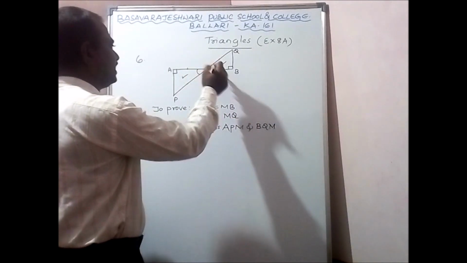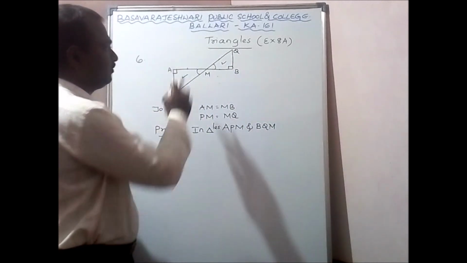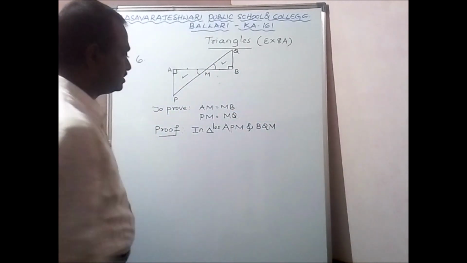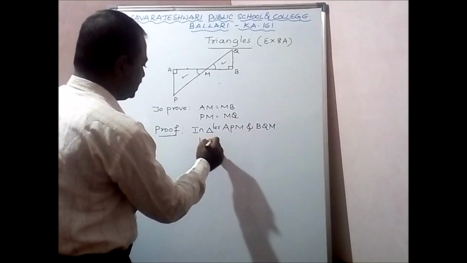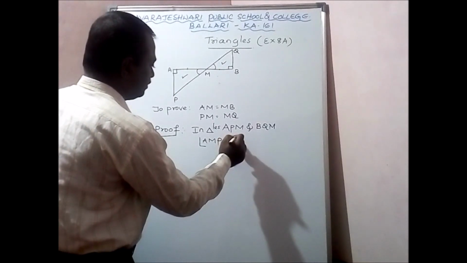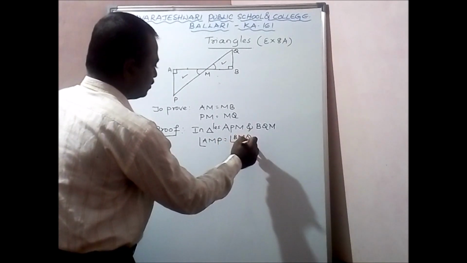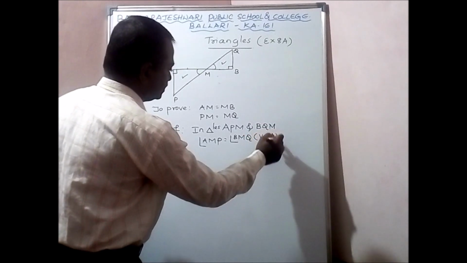M is the intersecting point of AB and PQ. Therefore, vertically opposite angles, so angle AMP is equal to angle BMQ.